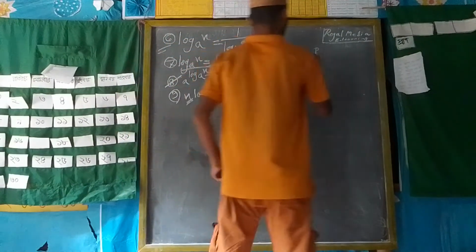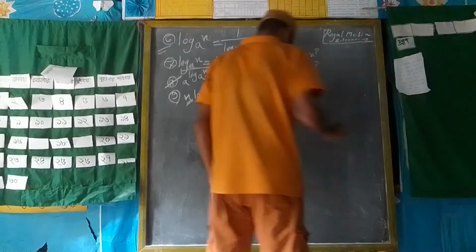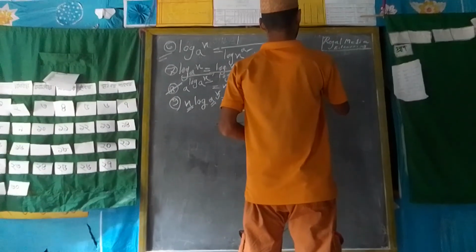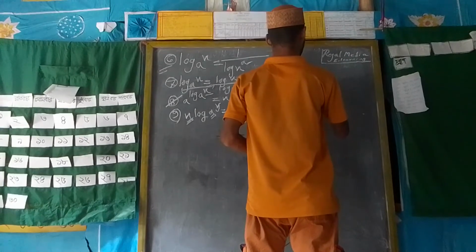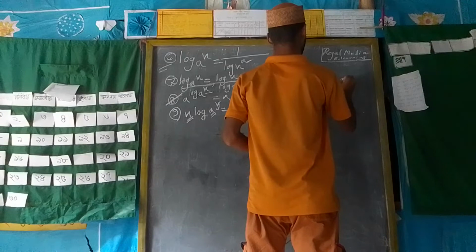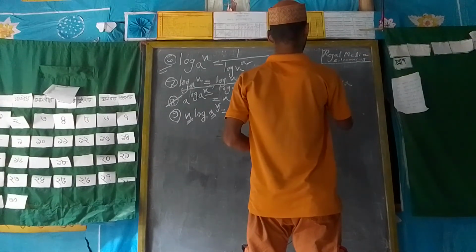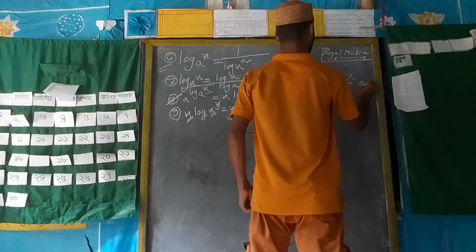Then log a x power p by q. In this type of question, we have to write power and power first, p by q, log base a x power. Answer.